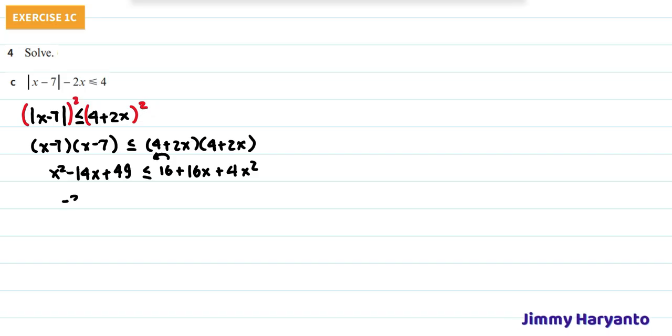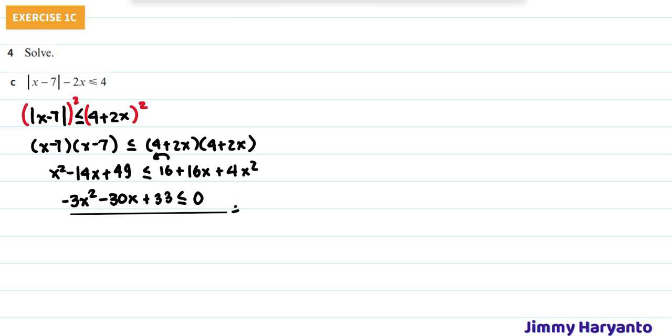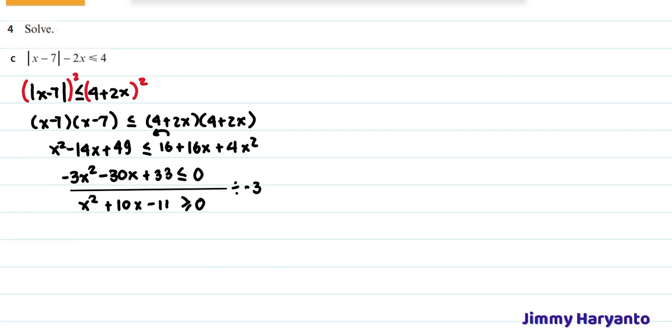You'll have -3x squared, and then -30x, and then +33 less than or equal to 0. You can divide them all by -3, so the x squared will become positive: x squared plus 10x minus 11. Do not forget to change the sign when you divide by negative numbers, and then you have to factorize it.